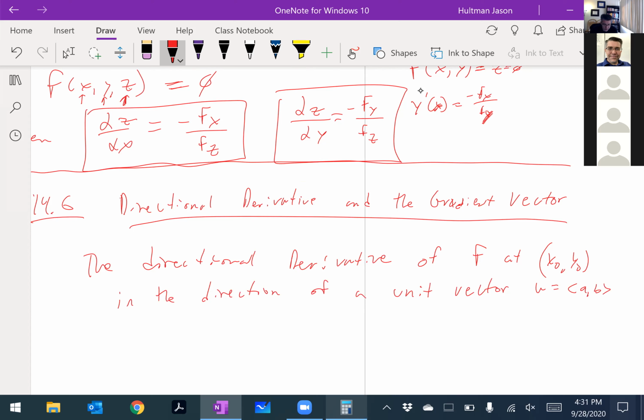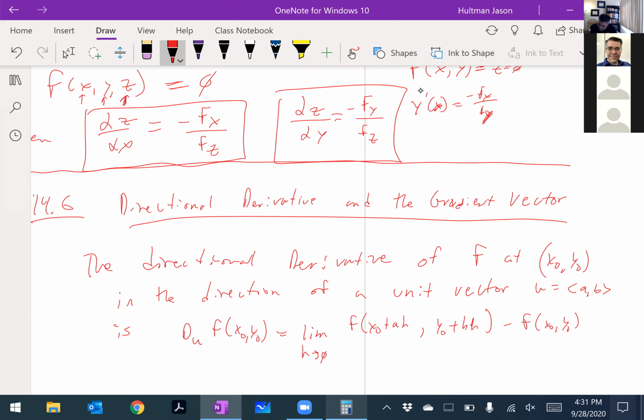The directional derivative, D sub u f of x naught, y naught, equals the limit as h goes to 0 of f of x naught plus ah, comma y naught plus bh, minus f of x naught, y naught.